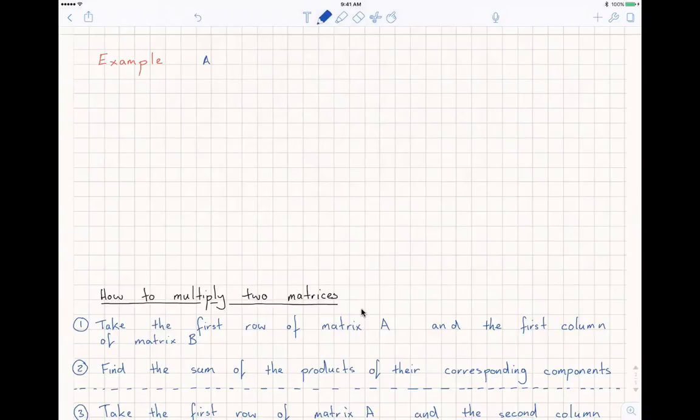So for imagination purposes, we'll say that we have some matrix A. It's got 6 elements. Doesn't matter what they are for the moment. I've got some matrix B with 2 elements. If we want to multiply A times B, we can do that because the number of columns in A is 2 and the number of rows in B is 2. So here we have a 3 by 2, and here we have a 2 by 1.